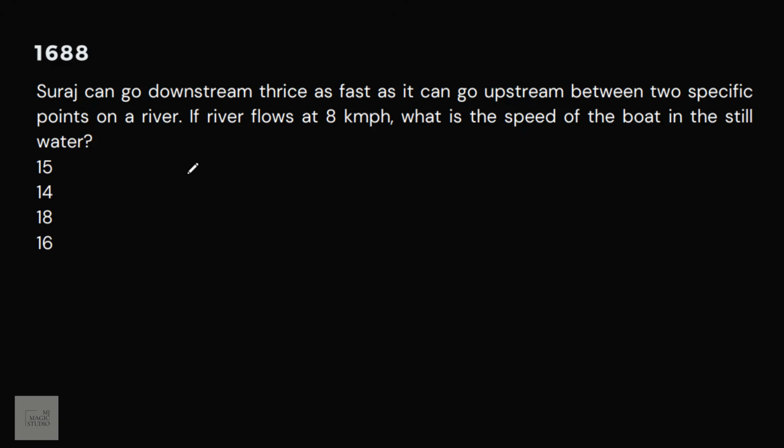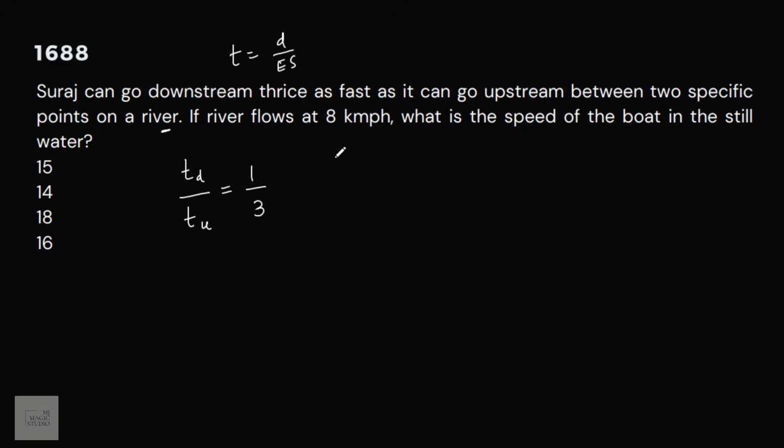Suraj can go downstream thrice as fast as it can go upstream between two specific points. So the time taken going downstream to the time taken going upstream is 1:3, because if the speed is thrice, the downstream time is less and upstream time is more. Time is distance by effective speed.